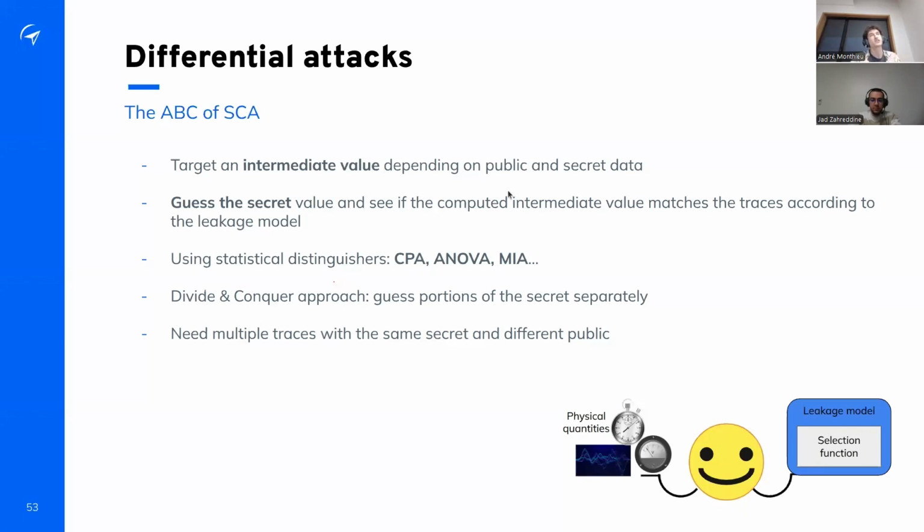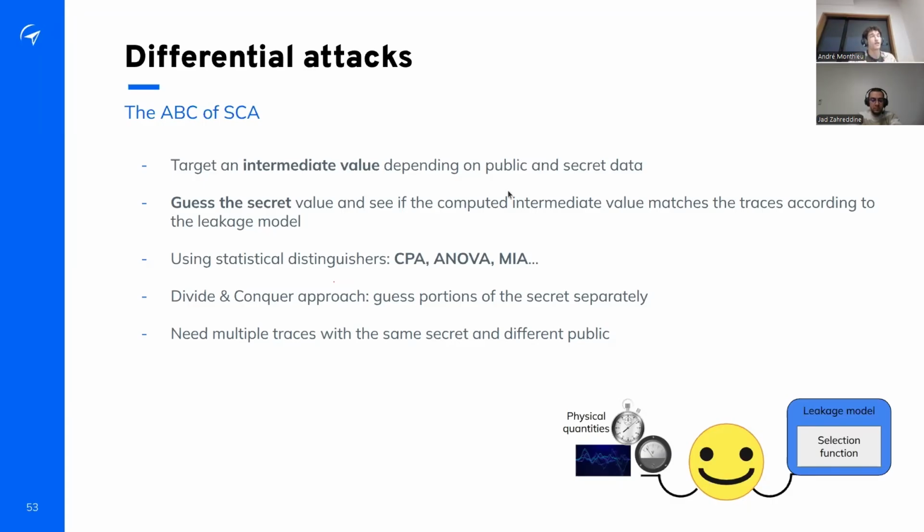And this matching between your physical quantity and your intermediate value with your leakage model is going to be done using a statistical distinguisher. The most notable one, of course, is the CPA, the correlation power analysis, but there are many others. We could mention ANOVA or MIA, for instance.